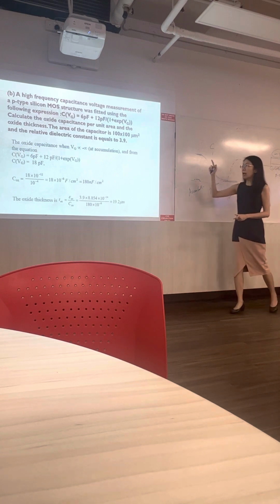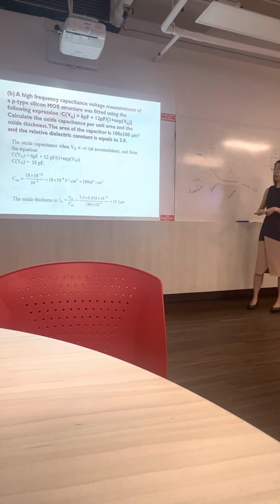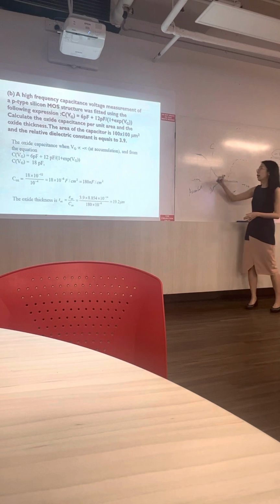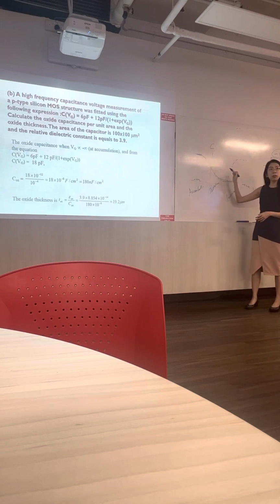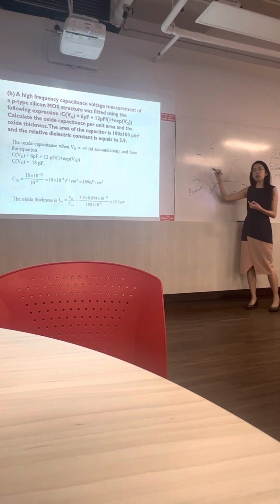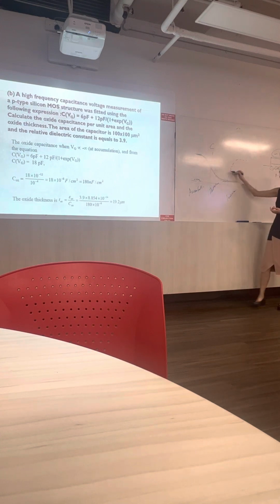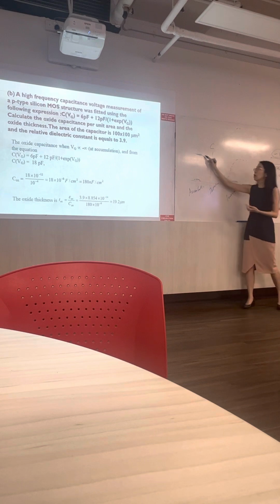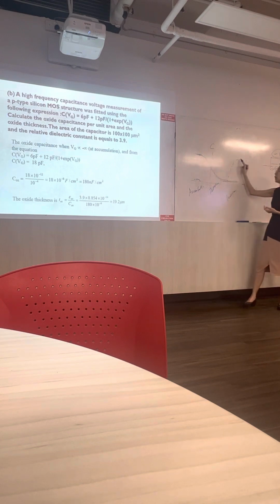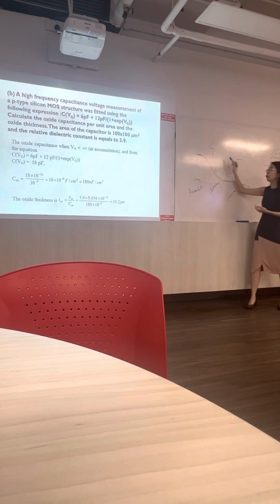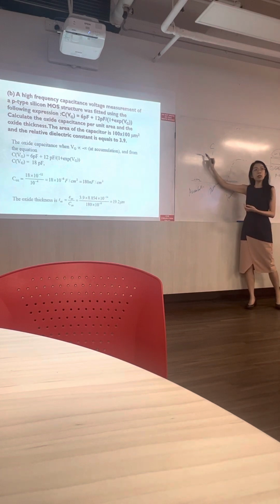So now the question is quite helpful because it is telling you it's a high frequency measurement. If it is a low frequency measurement, right, you might follow the dash line, then you have a choice of using this high value or this point. So you would have to decide whether you choose this or this.